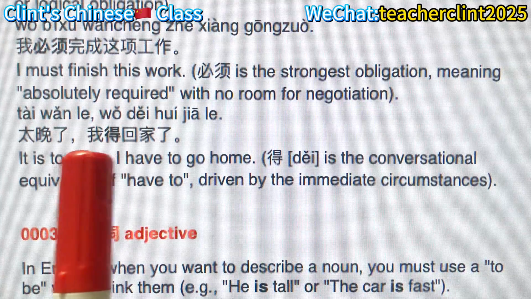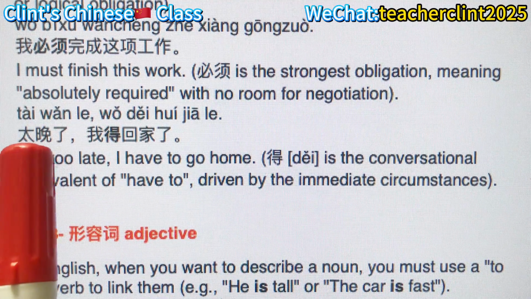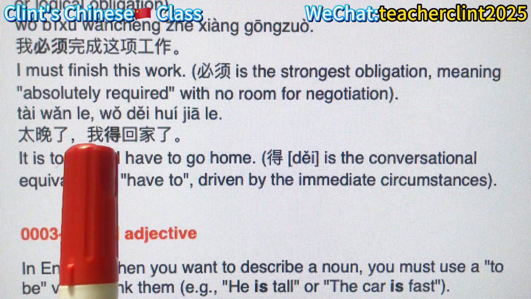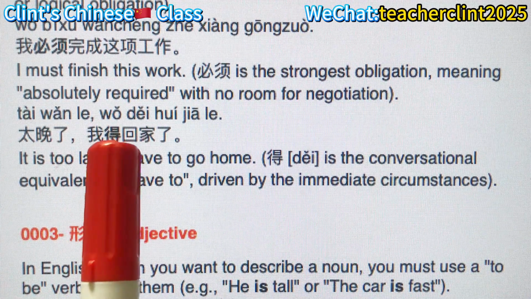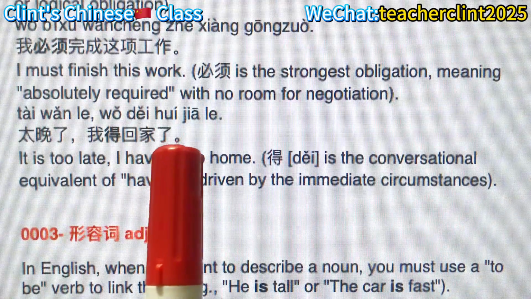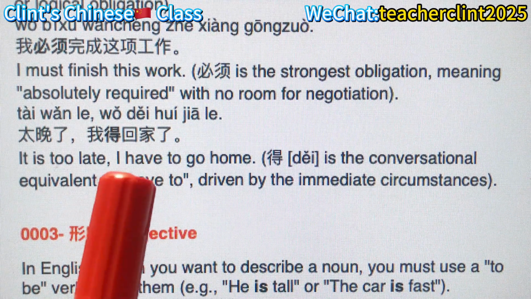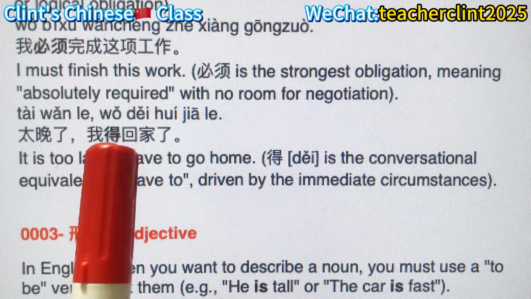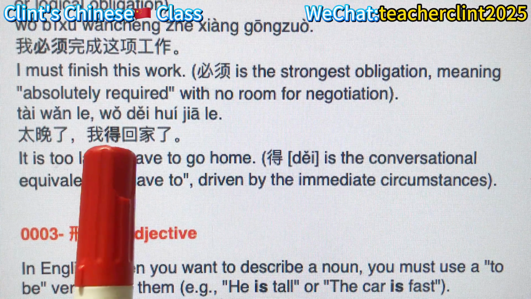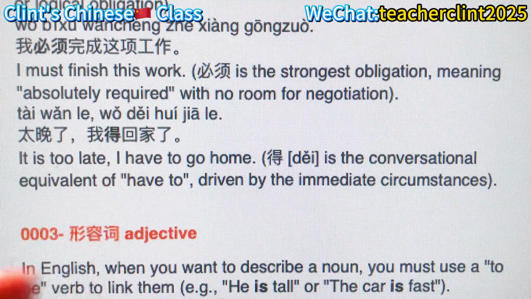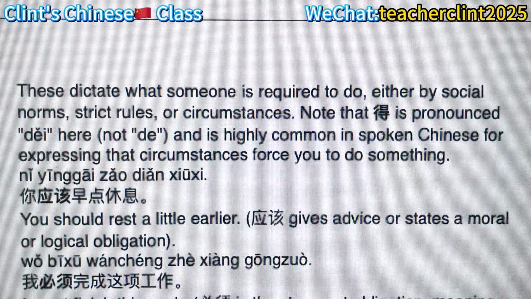Or you can see it as a subjectless clause. 我 subject I, 得 have to, 回家 go home. 了 means a change of state, already. Now 得 is the modal verb to show that you have to do something, whether you like it or not.